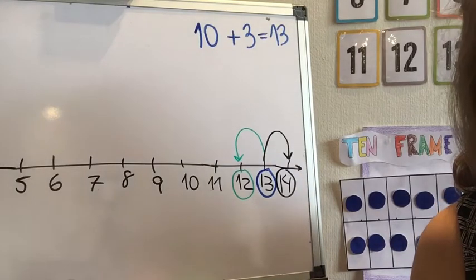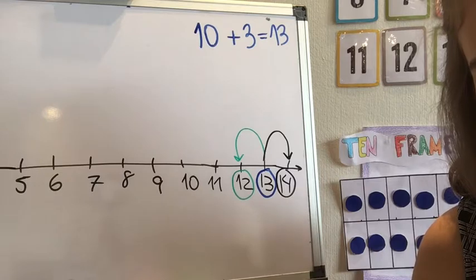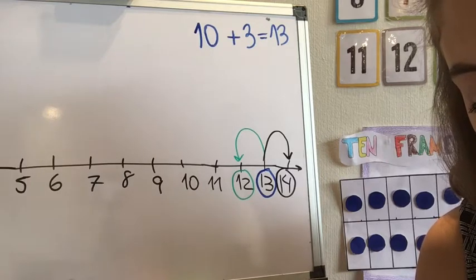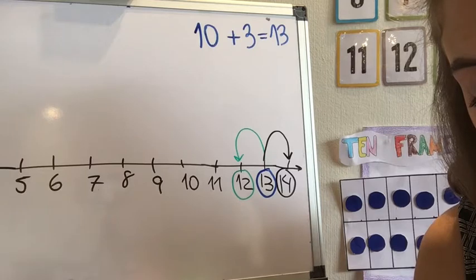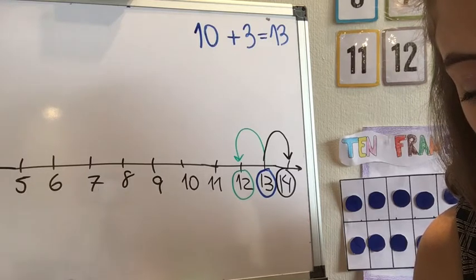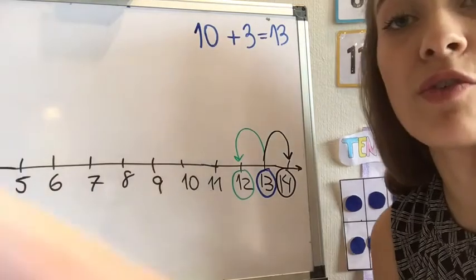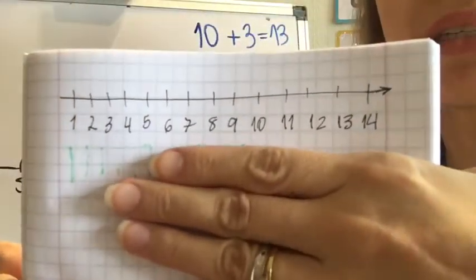And then I'm going to put 1, 2, 3, 4, 5, 6, 7, 8, 9, 10, 11, 12, 13, 14. You're going to write until the number 14, okay? Like me, like this.